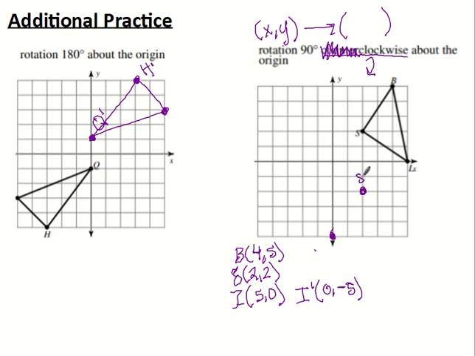This is S prime. And so S is at 2, -2. I'm going to write B here because I accidentally wrote my I prime there. And it's going to end up at 1, 2, 3, 4, 5, 1, 2, 3, 4. And this is B prime. And it's at 5, -4.